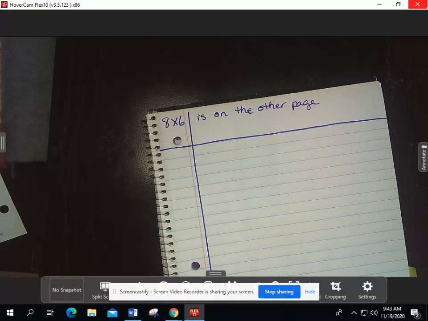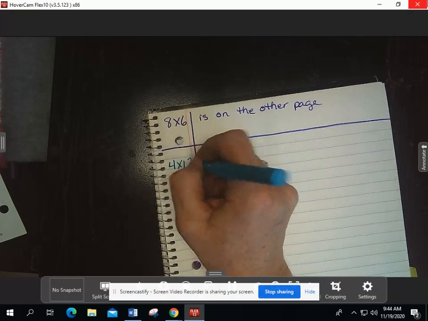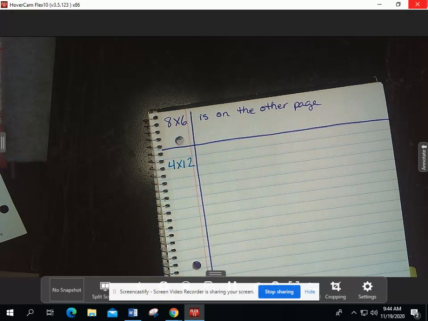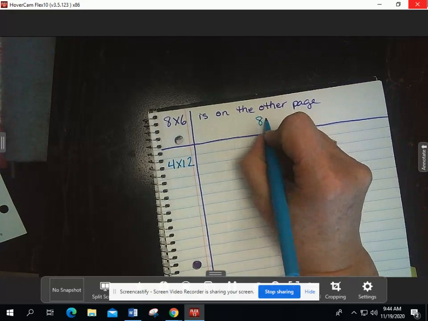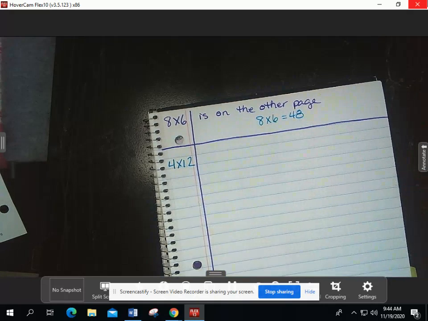This time, we're going to have a new problem. This problem is called 4 times 12. So make certain you have 4 times 12 written down.